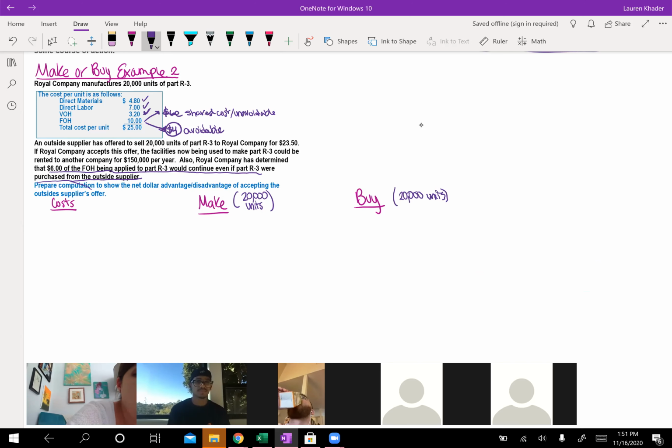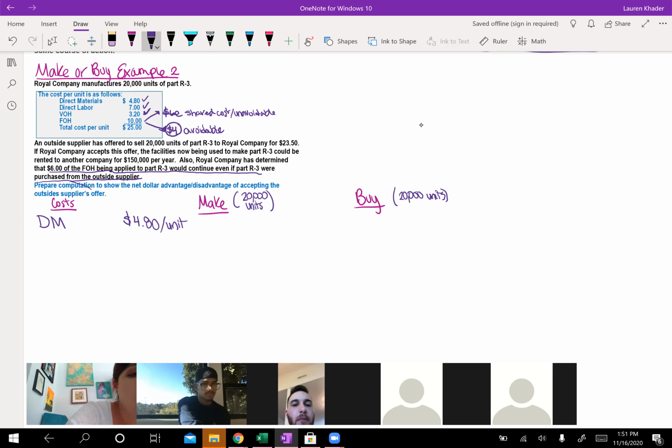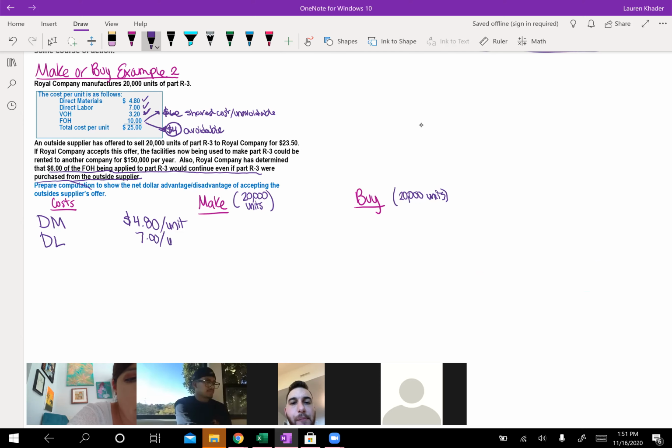So first things first, let's figure out the unit product costs. So direct materials, $8 per unit. Direct labor, $7 per unit. Incur it to make, not to buy. Variable overhead costs of $3.20 per unit. And then fixed overhead costs of $4 per unit.